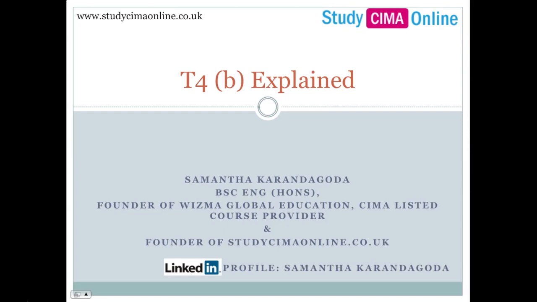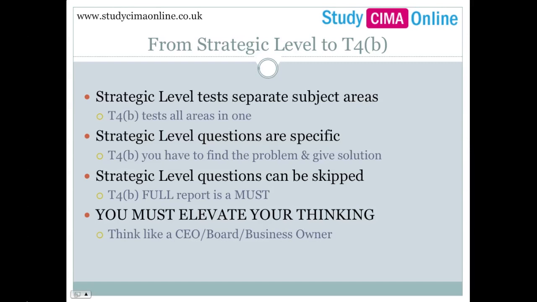Let's take a look at the difference between the strategic level and the top CIMA, otherwise the T4 Part B exam, when you move on. The first point to note is that the strategic level tests separate subject areas. You might remember it tests performance strategy, enterprise strategy, and financial strategy.